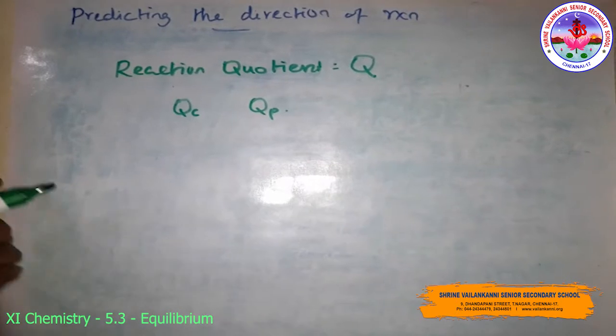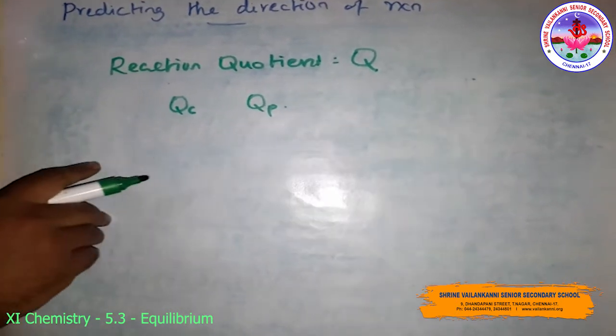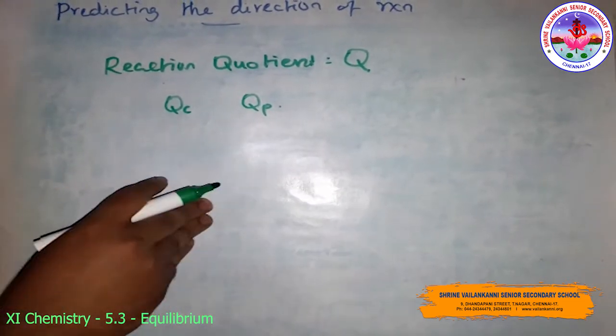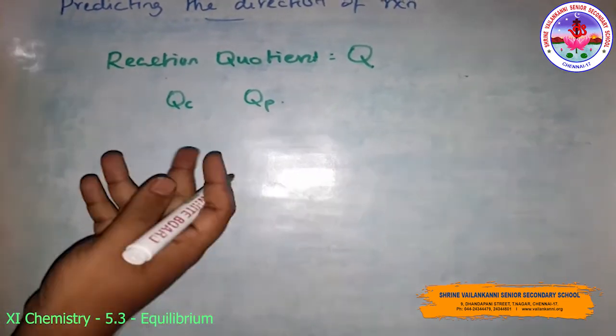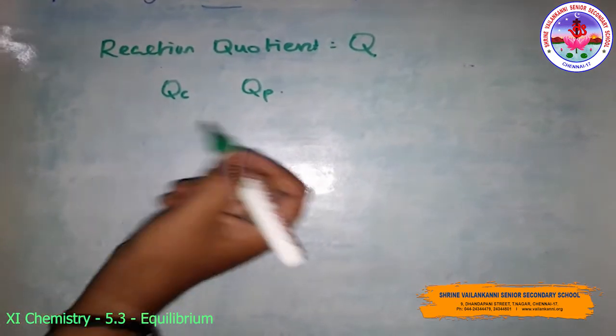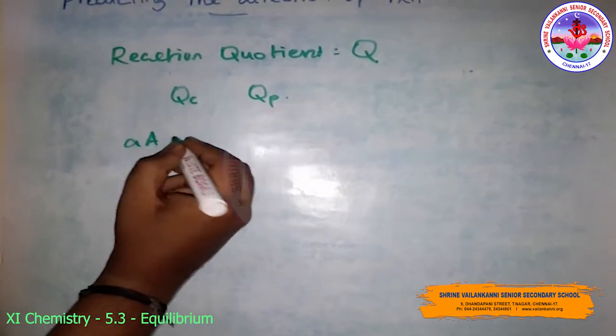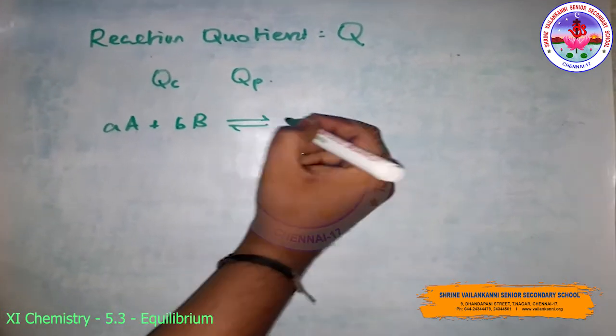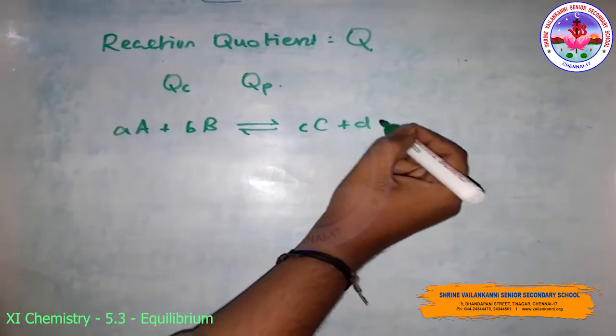It is defined the same way as the equilibrium constant Kc, except that the concentrations are not necessarily equilibrium values. For a general reaction, aA plus bB gives cC plus dD.